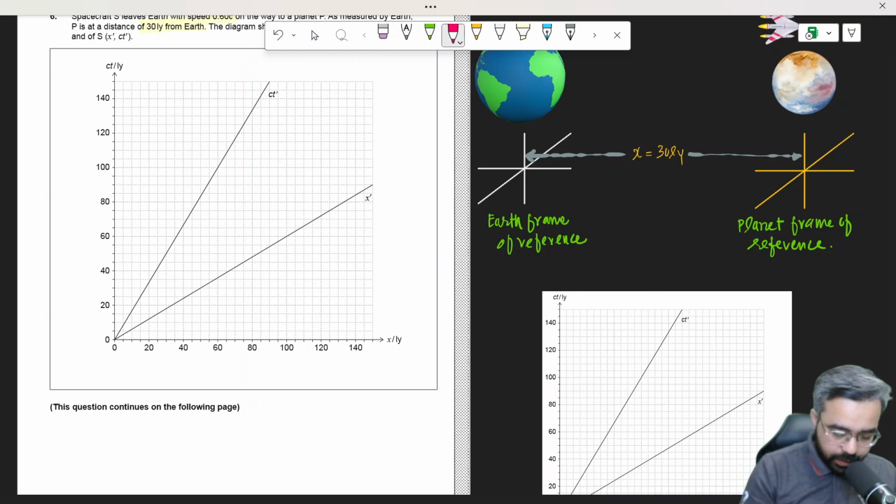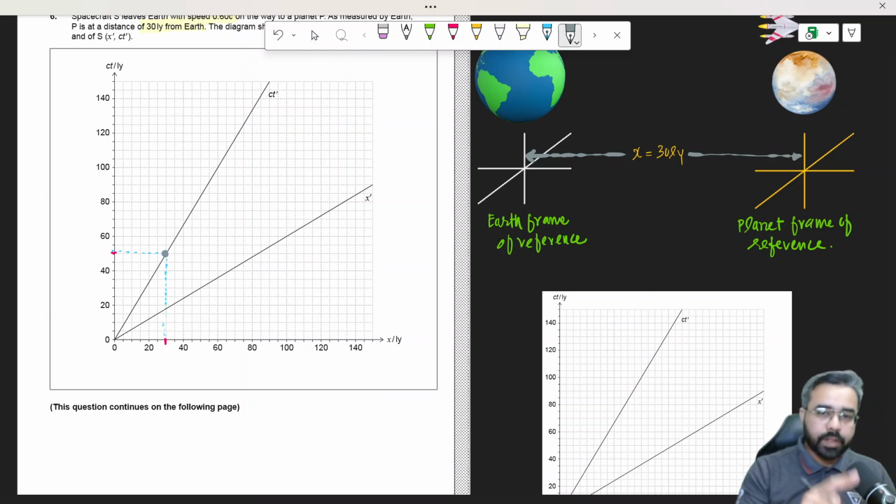On the x-axis, you can see 30 light years at this point, and 50 years is this point on the ct axis. If you join these two points, this is exactly the point I was talking about: the event when the spaceship reached the planet.